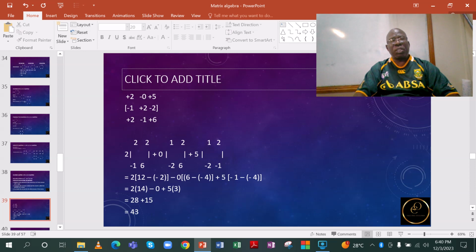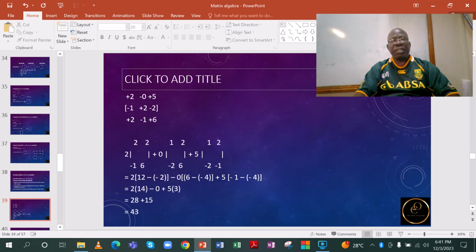We can use the first row vector, which has 2, 0, and 5. So we find out what the minors are of these particular elements in the row vector, 2, 0, and 5.